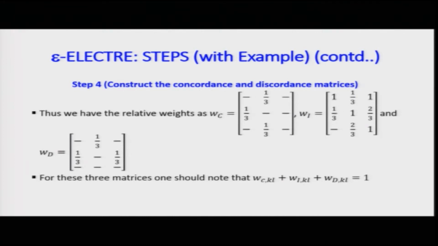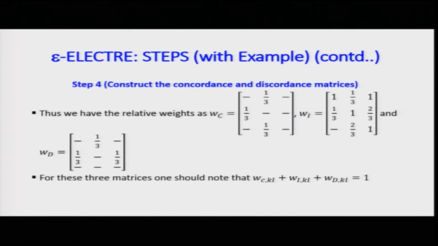When I compare 1 2 and 2 1, I am indifferent. When I compare 2 3 and 3 2, it is indifferent. But when I compare 1 3 and 3 1, the value of 1 and dash gives the indifference concept much more starkly. Similarly, I have the discordance weights.